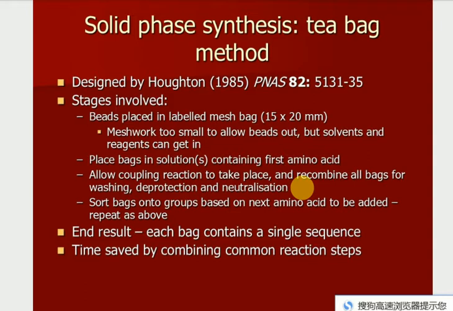The bags would be placed in the solutions containing the first amino acid, so you generate your first amino acid of the peptide chain. The coupling reaction would take place, and then the big advantage is that you then take all the bags out of their first reactions.